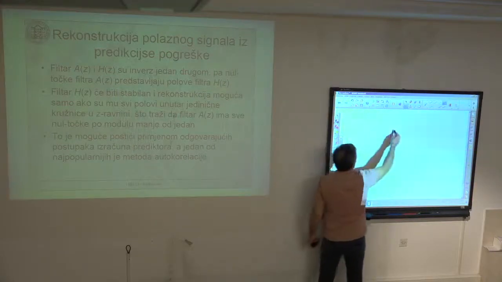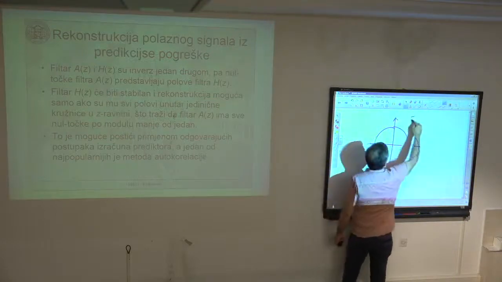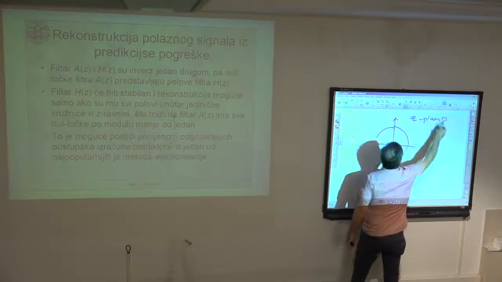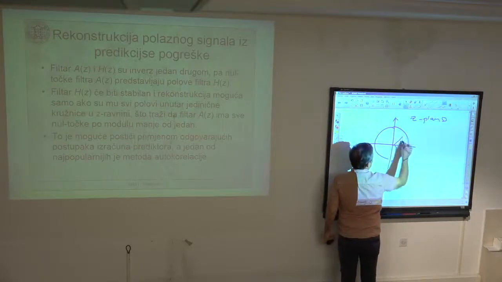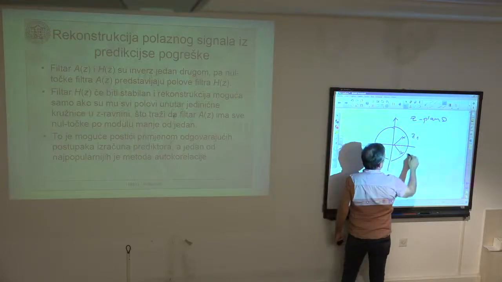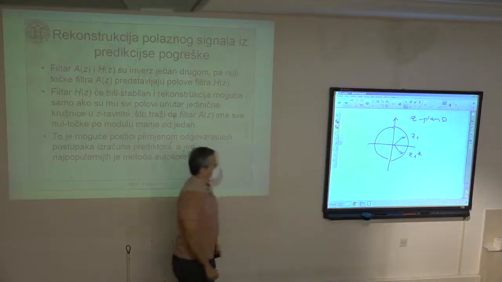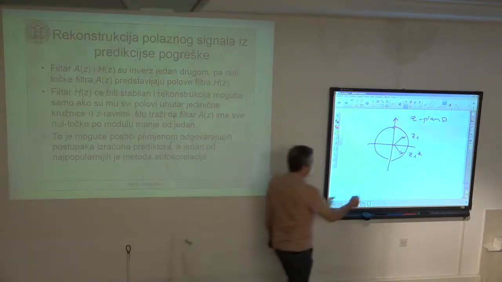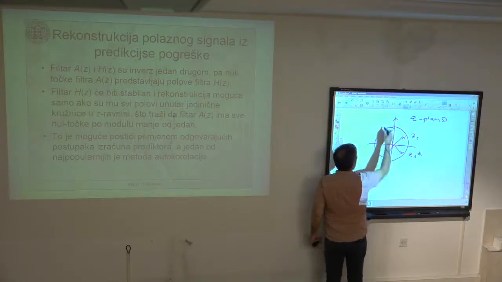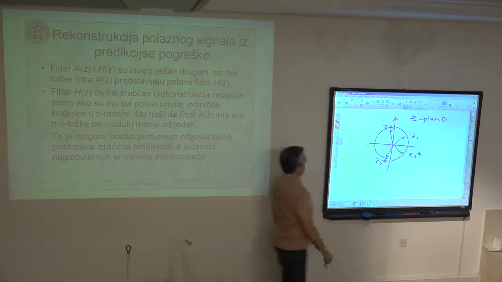So, for example, if this is the unit circle in the z plane, I can have a pair of complex conjugate roots, z1 and z1 asterisk. I can have another pair here, z2 and z2 asterisk, okay?